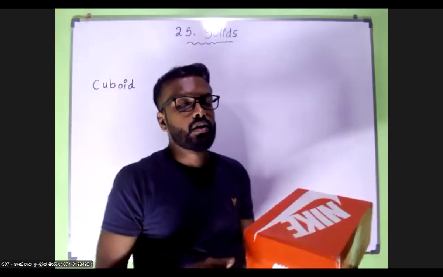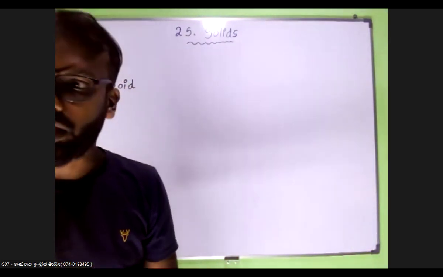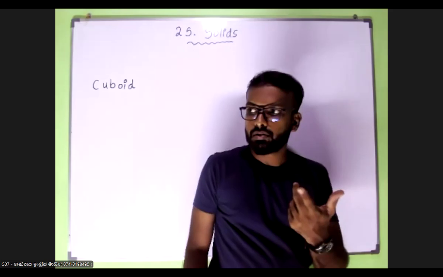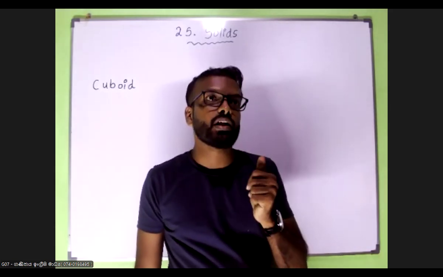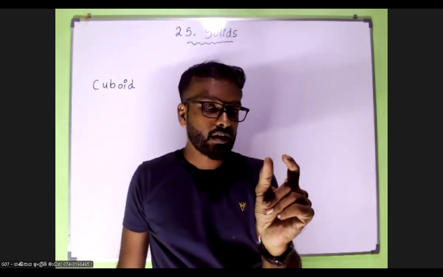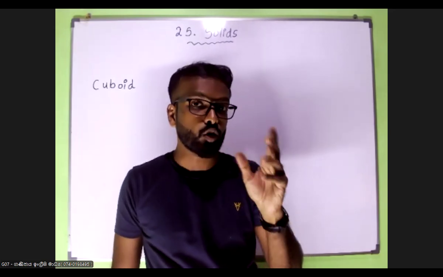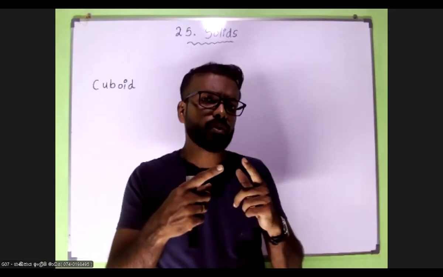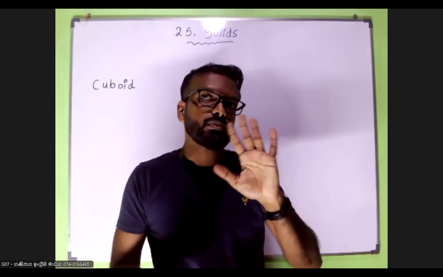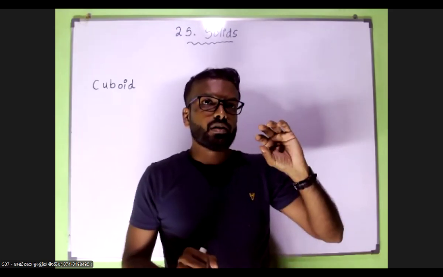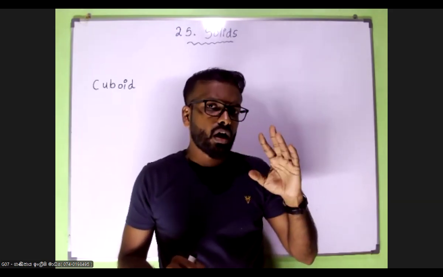If you can remember a cube, right now I do not have any cube. For example, a cubic die is a cube. It also has 6 surfaces, and all the surfaces are similar.